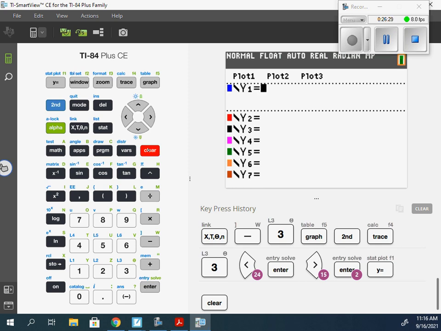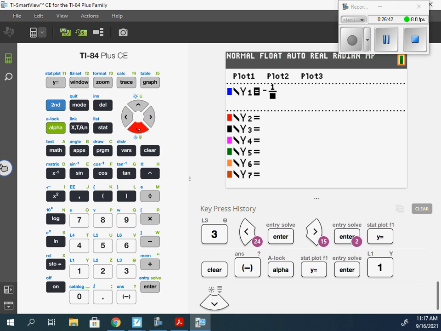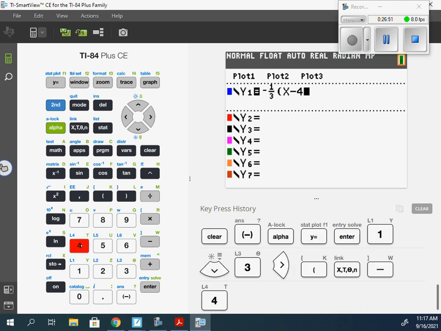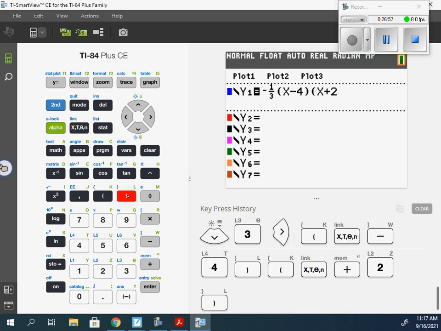Well, the first thing we have is negative 1/3. So we can say negative alpha y equals enter to bring up the fraction. We can say 1 down 3 over parentheses x minus 4 close parentheses open parentheses x plus 2 close parentheses.